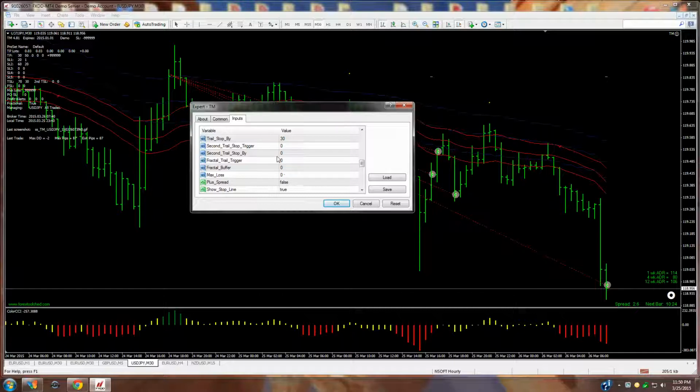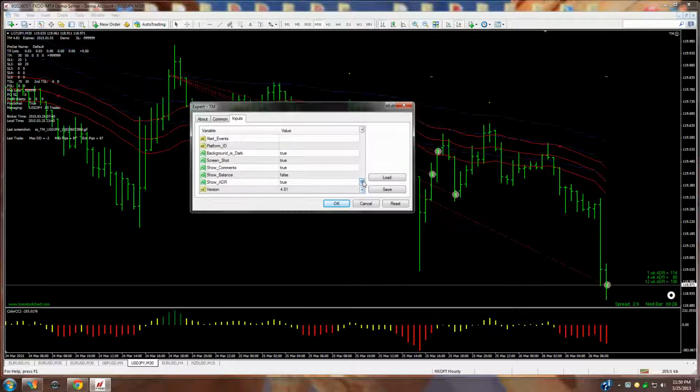And then you would have the fractal buffer, so any pips above the fractal point, you would have to adjust as you see fit. But obviously it does give complete flexibility, with different trade target levels and stop levels. It's just a complete solution for any trade management that you might have.